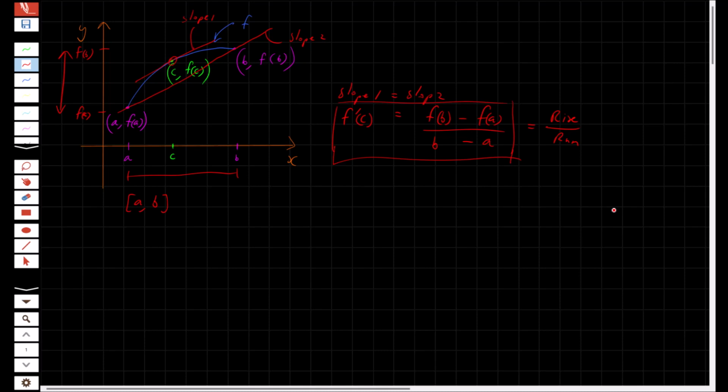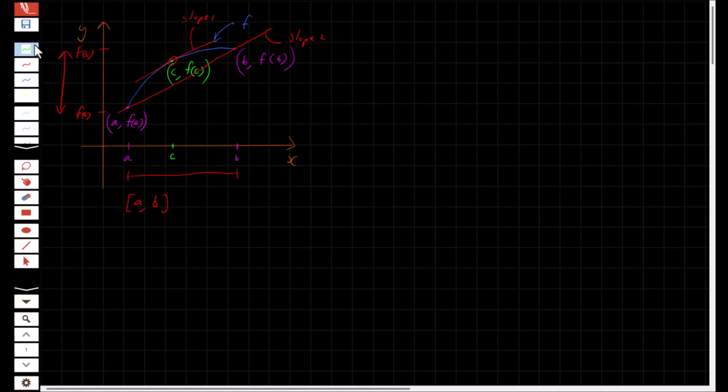And most commonly, we need to find this point C. So let's now take a look at an example. If we have the function f of x, which is equal to the square root of x, which is equal to x to the power of a half.